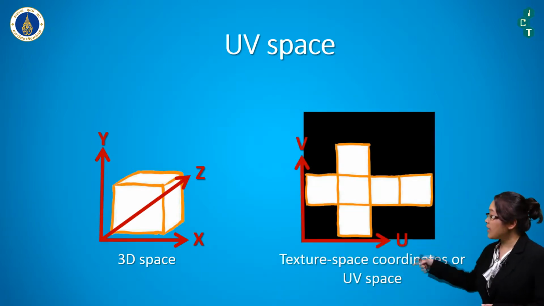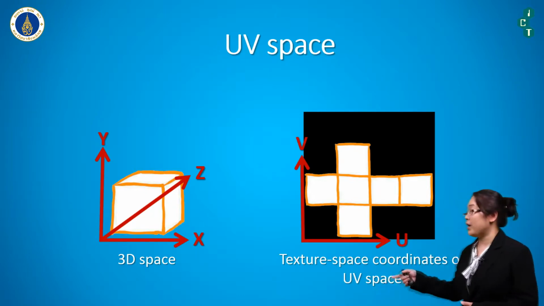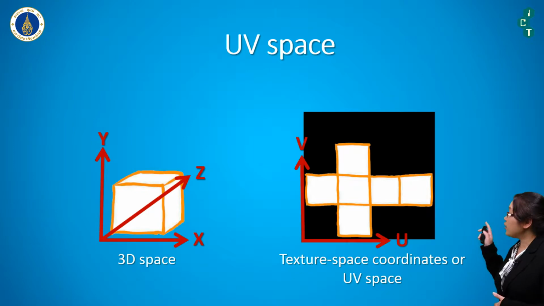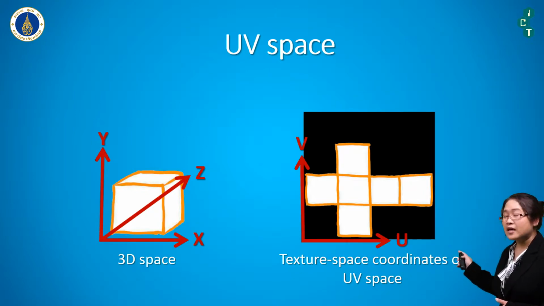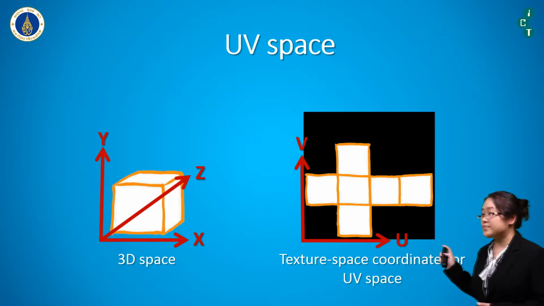The first one is the XYZ coordinate that you are using in the 3D viewport, right? And then in UV space, you are going to have another mode which has U and V coordinates, U and V for images. We can call it the texture space coordinate or the UV space.